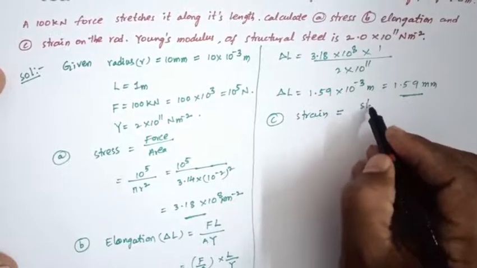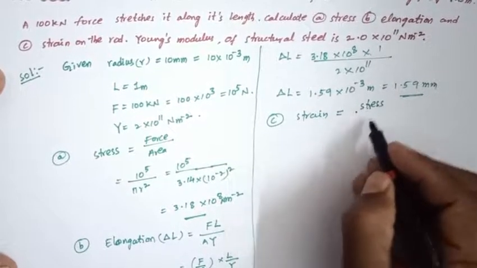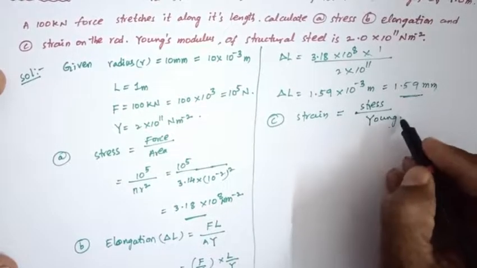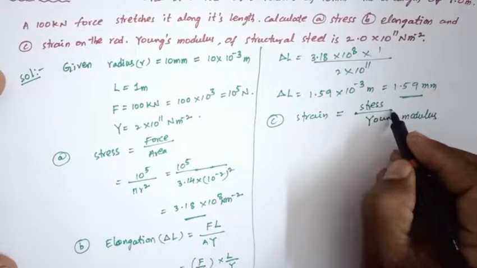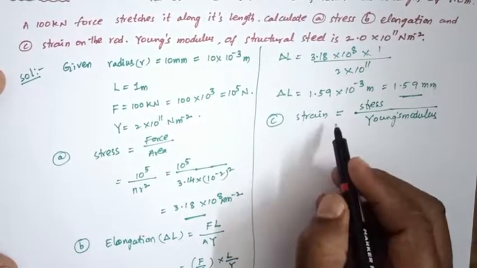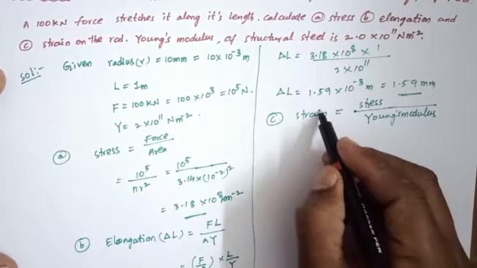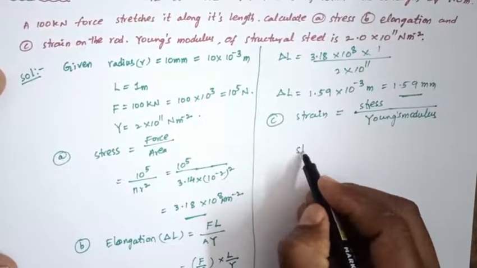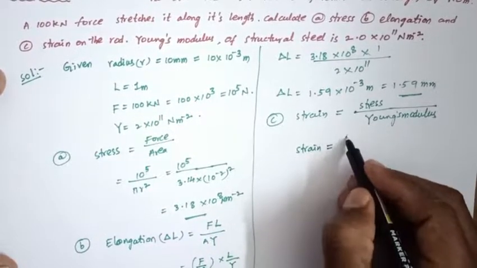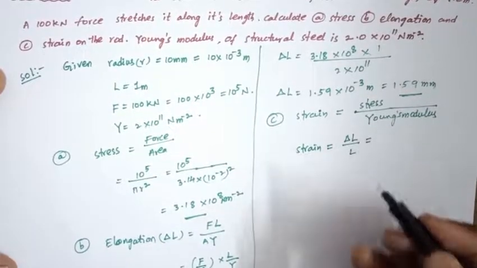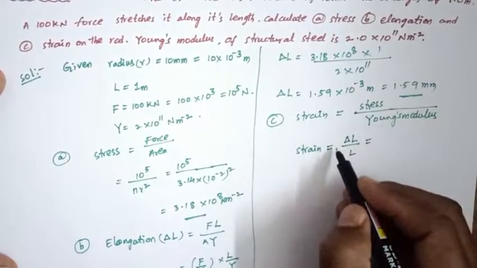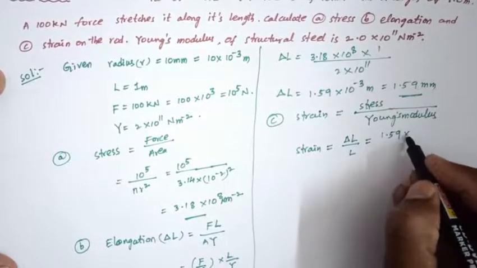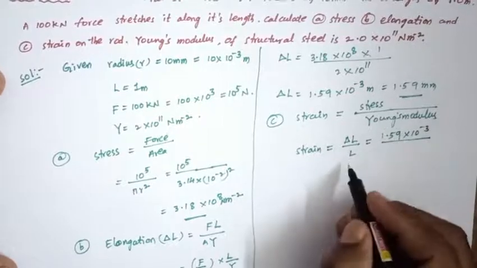Strain equals stress by Young's modulus, or it is also taken that strain is nothing but delta L by L. Delta L is 1.59 into 10 to the power of minus 3, divided by length 1.